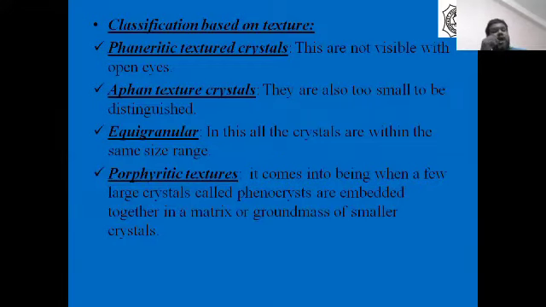Number two is aphanitic textured crystals. They are too small to be distinguished or identified without the aid of a microscope. Without the help of a microscope, you cannot identify this type of crystals.